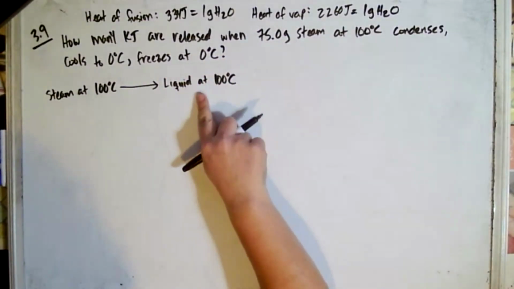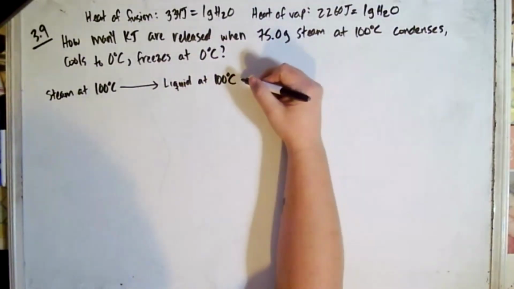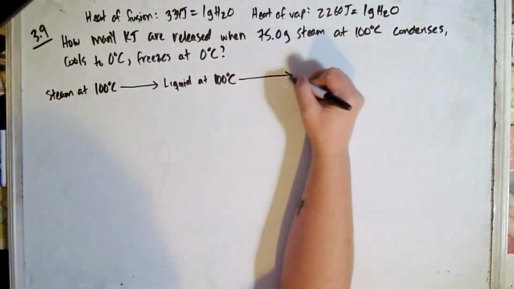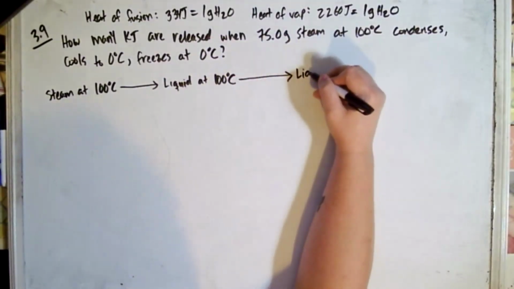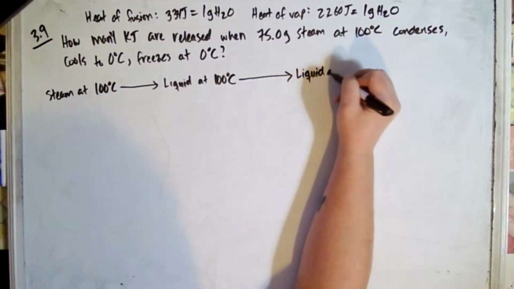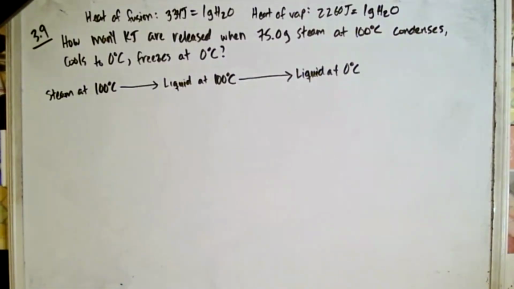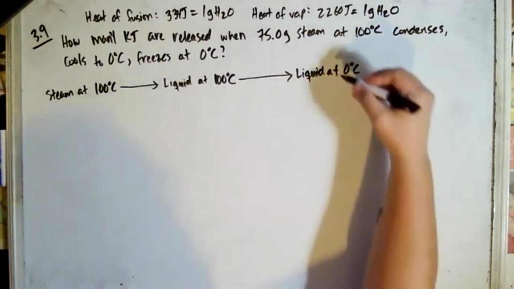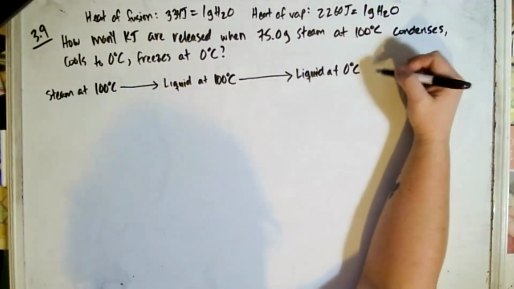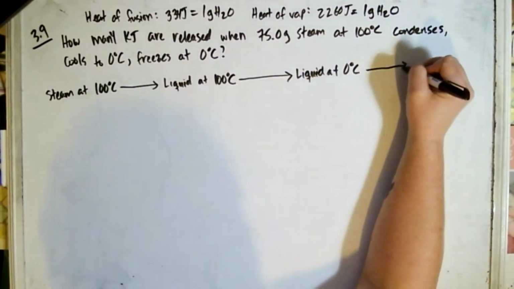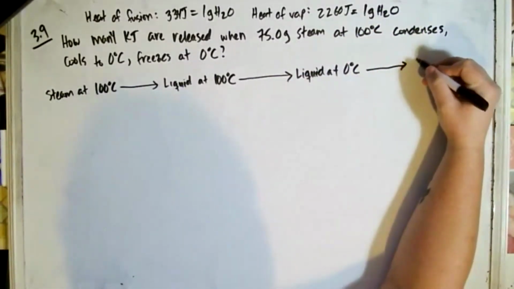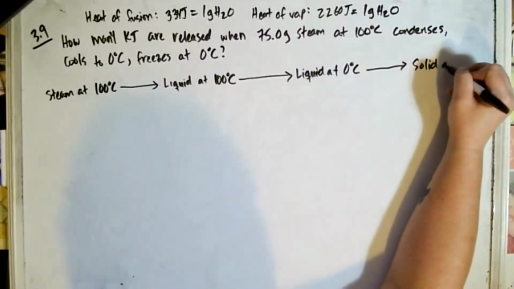And then we're going to take our liquid water at 100 degrees Celsius and cool it off so that it's liquid water at 0 degrees Celsius. And then we're going to take our liquid water at 0 degrees Celsius and freeze it, and it's going to turn into a solid.